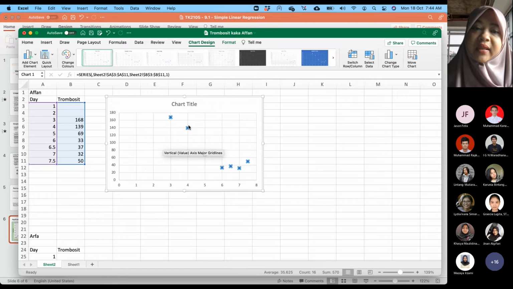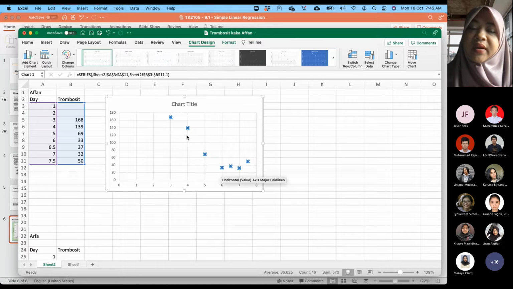How should I make the model? Is it linear, garis lurus, or should it be quadratic, the second order? What do you think? Anyone?